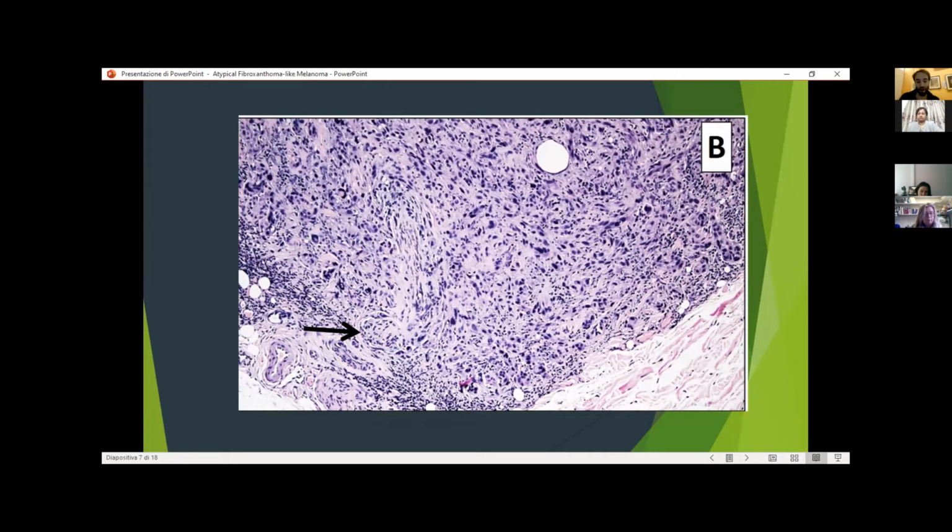There were also giant multinucleated Touton-like cells, like a typical fibroxanthoma, especially in the superficial part of the lesion.